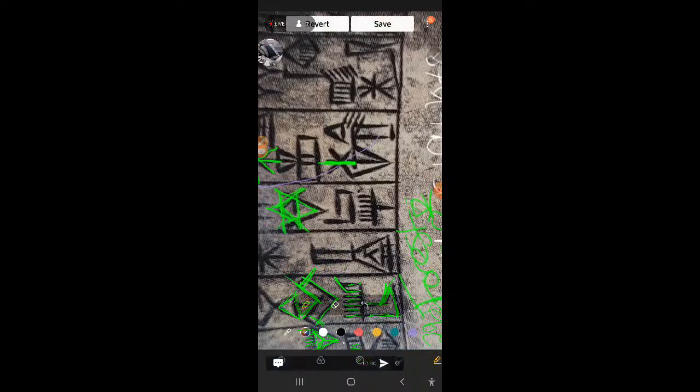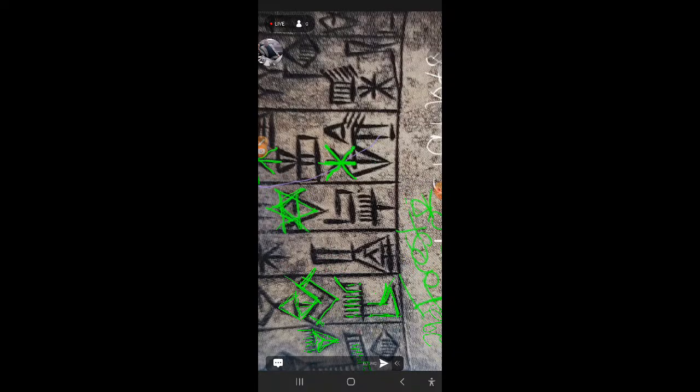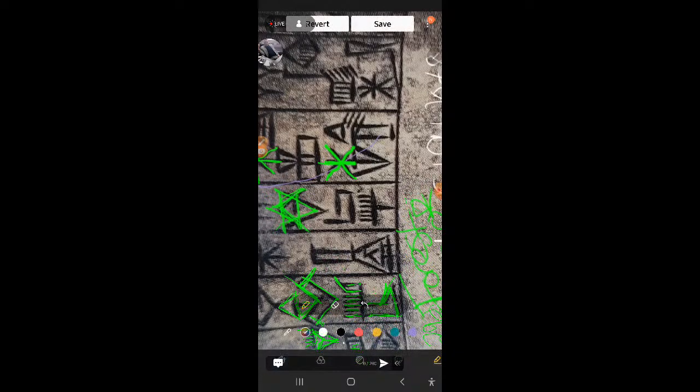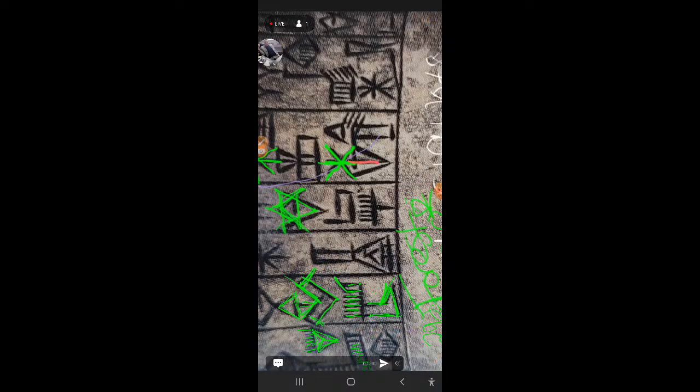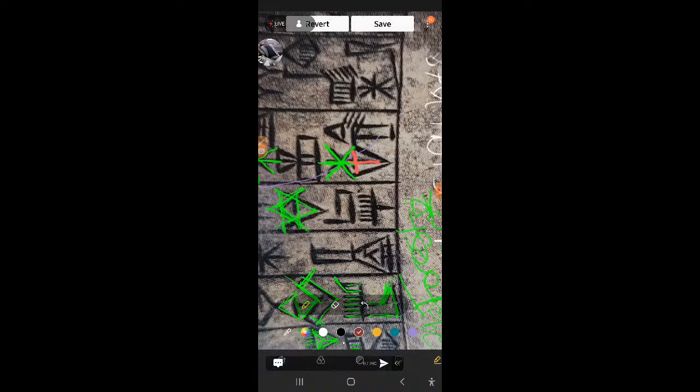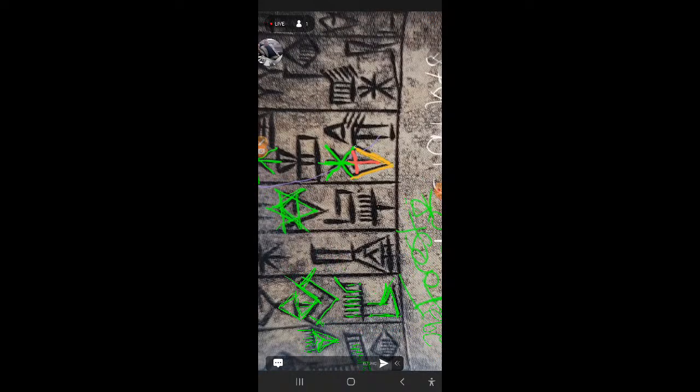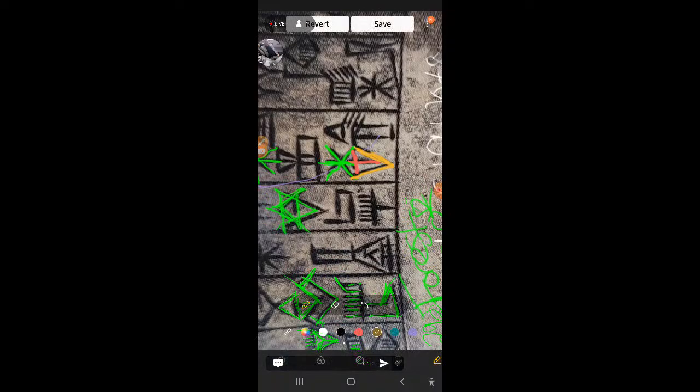So we got 3 dimensions. I see a cross, or I see a KK. So what you got here is, let me show you a different one. So there you got that one. You got this one.